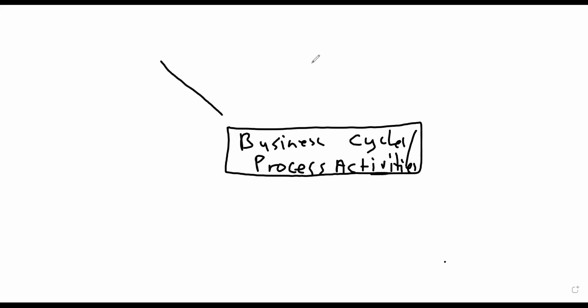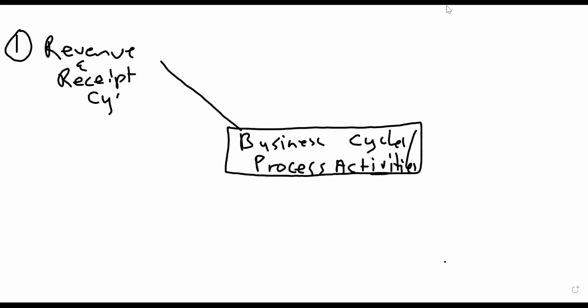So we already discussed the first one here, which is revenue and receipt cycle. Let me try to make it look neat. I don't like to make it look very ugly. So the first one which we dealt with was revenue and receipt cycle.